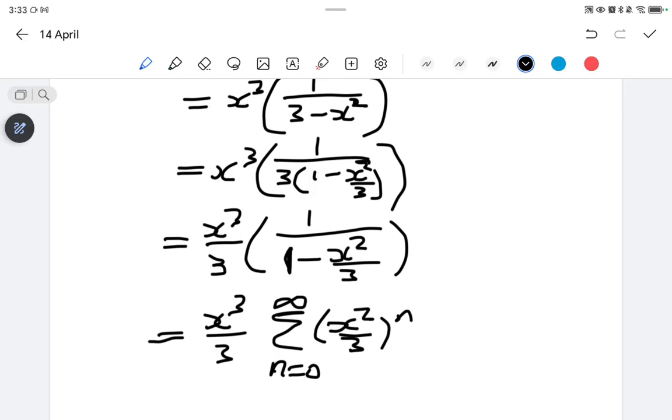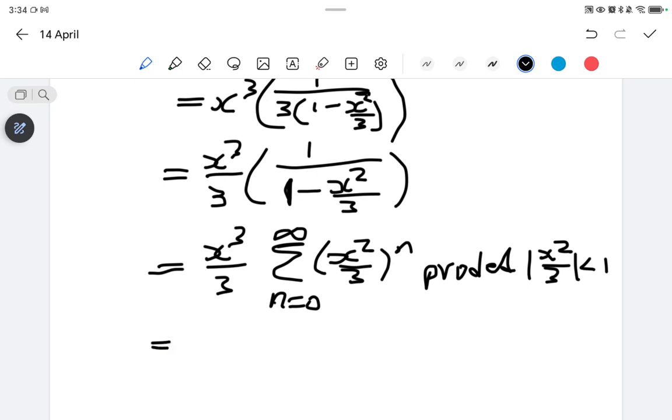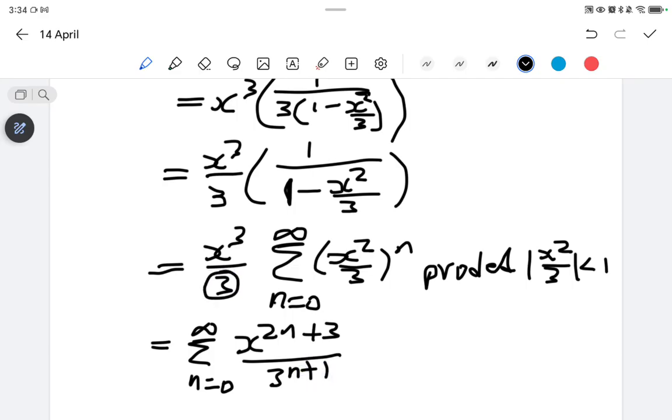Now, if we have this, after plugging it, you must say provided the absolute value of x squared over 3 is less than 1. And then I can just go ahead and simplify this, put this into that format. Let me do it step by step.